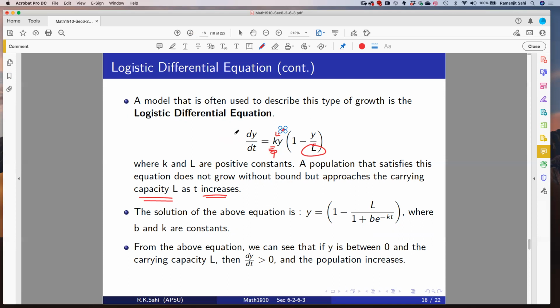We'll be applying the variable separable form and doing the whole process, and when you apply it, you will actually end up getting this solution. So the solution for the above equation is L over 1 plus B e to the power negative kt, where B and k are constants, and L, remember, is the carrying capacity. So if you're given a problem, you will be given the carrying capacity.